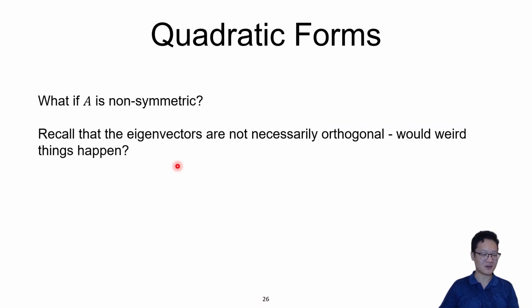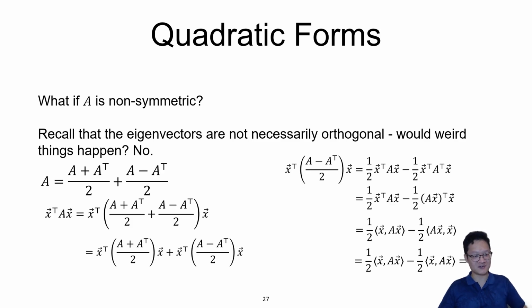So what do we know about symmetric or non-symmetric A? Well, for non-symmetric A, the eigenvectors are not necessarily orthogonal, as we have seen. They sometimes would even be pointing in the same direction. So what would happen? Let's do a little bit of math to see.